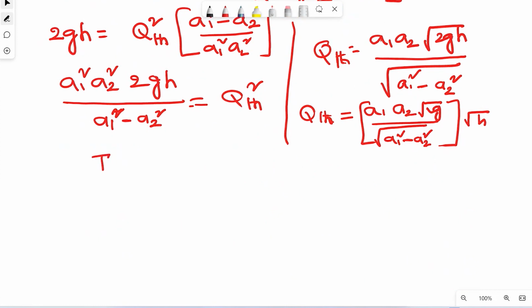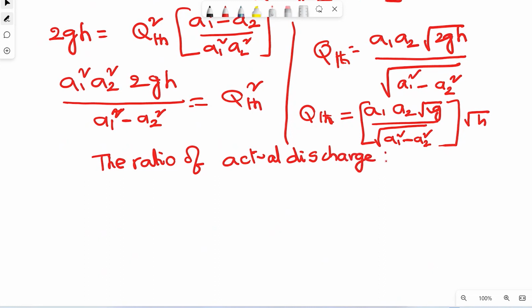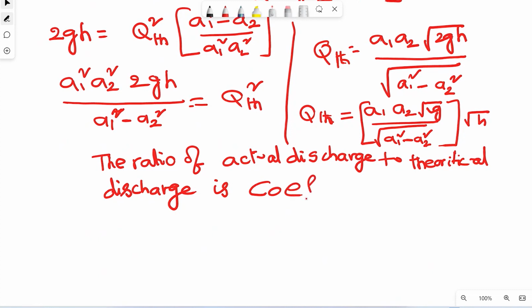The ratio of actual discharge to theoretical discharge is the coefficient of discharge.